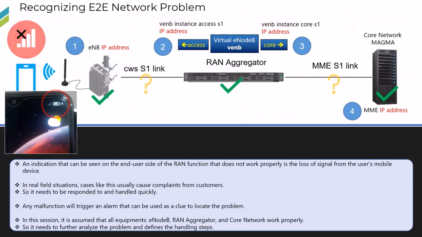So, okay, we will start from the very basic understanding. With the current architecture in the lab, we have the RAN aggregator, and let's say this is the left wing and the right wing. The problem can happen in between, whether on CWS or eNodeB towards eNodeB, or it can happen here.